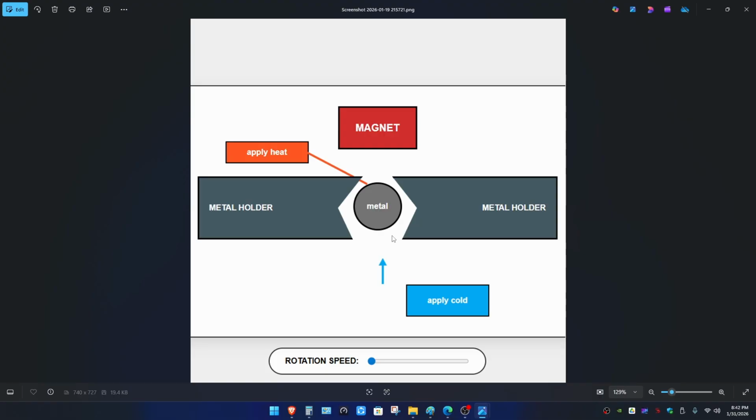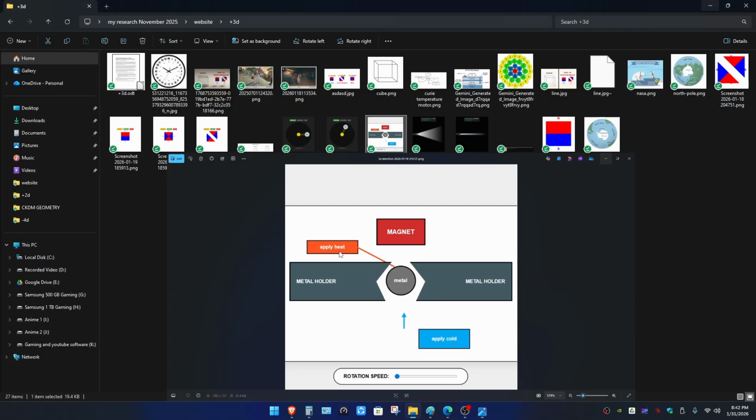But the Curie temperature was the concept, and then I took the concept and made it into an idea of what the Curie temperature motor could be like, and this is exactly how a planet rotates around the sun.